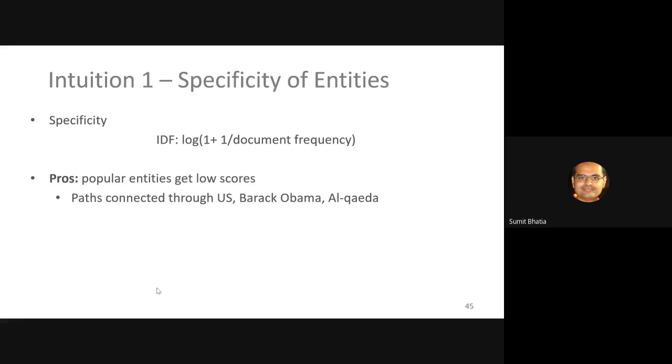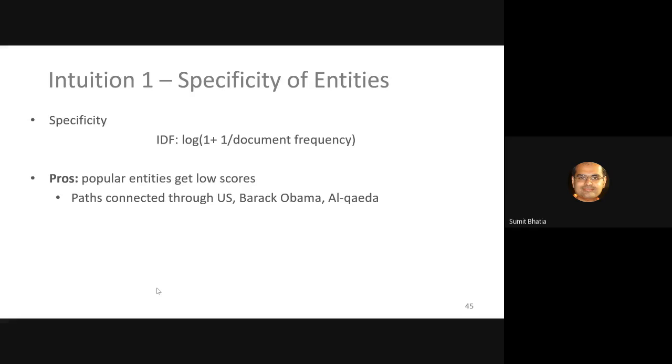Just like IDF is the inverse of your document frequency, basically a log of 1 divided by the number of documents a term appears in, we say that the specificity of an entity is also similar to the IDF of the entity. That is, how many other entities a given entity is connected to.